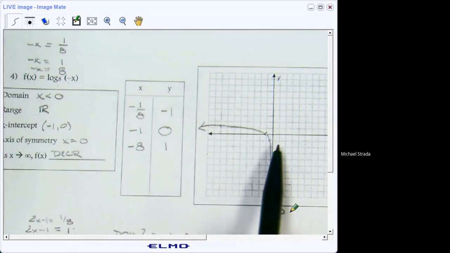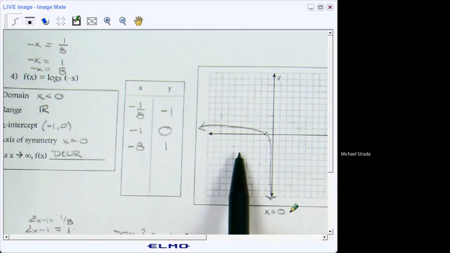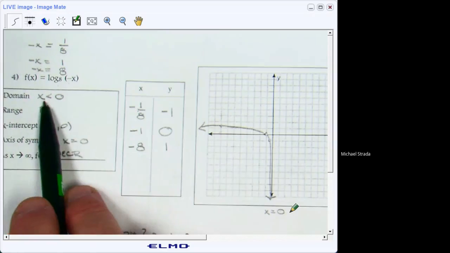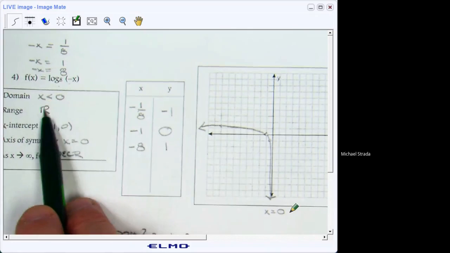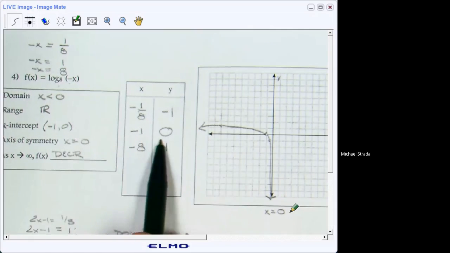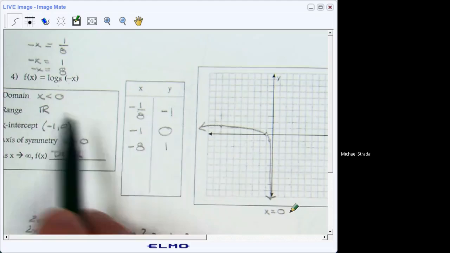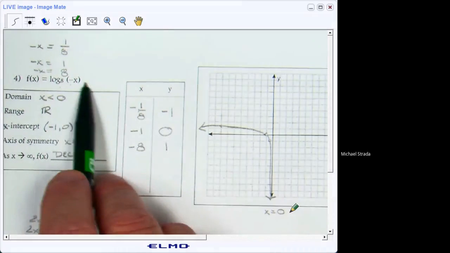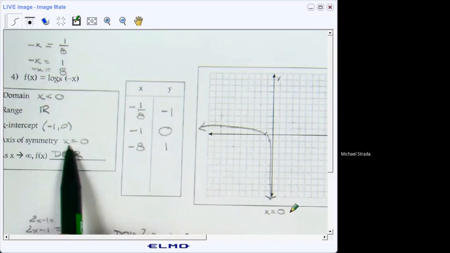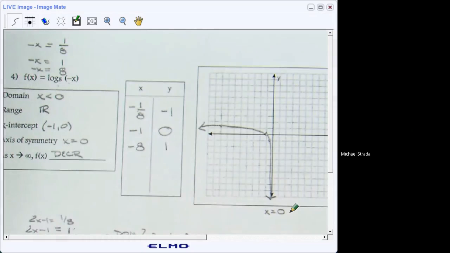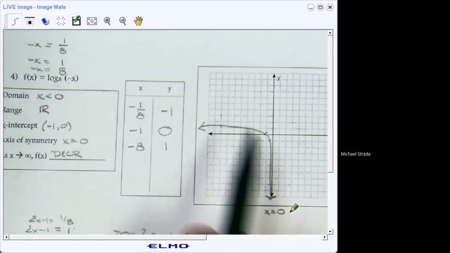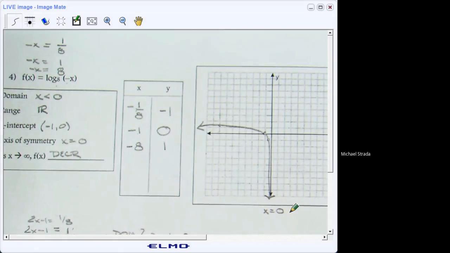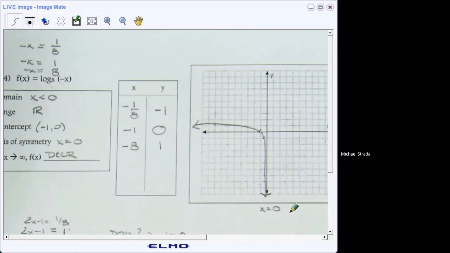Now my numbers are all to the left of the asymptote. So instead of greater than, it's now less than 0. Range is all real numbers. The x-intercept is one of my points, so I can slide that over, negative 1, 0. There's no number being added outside parentheses, so x equals 0 is my axis of symmetry. And again, once you graph it, you recognize they're going down. And when they're going down, it is decreasing.